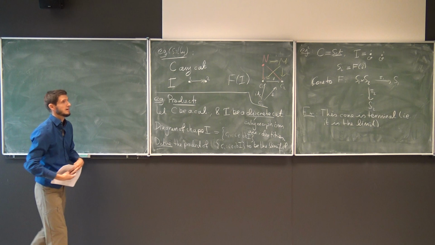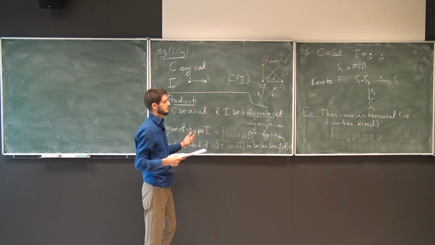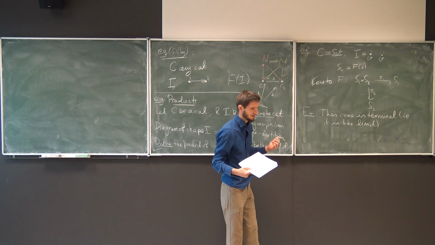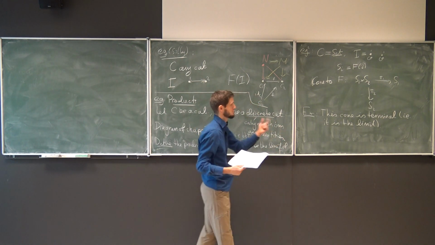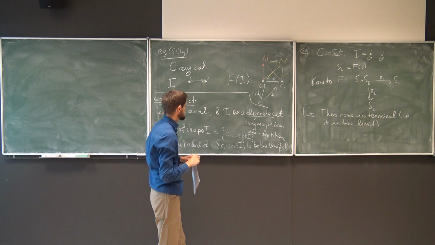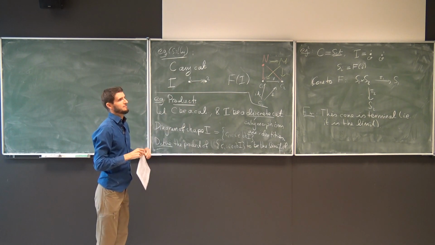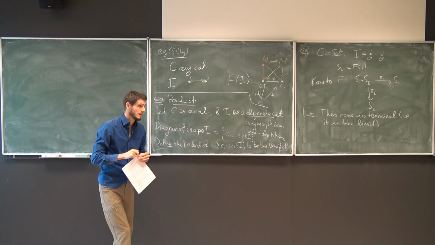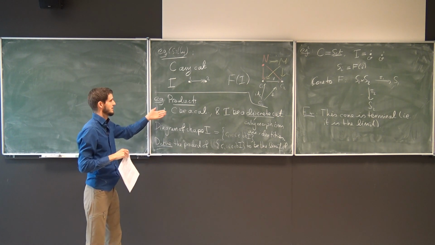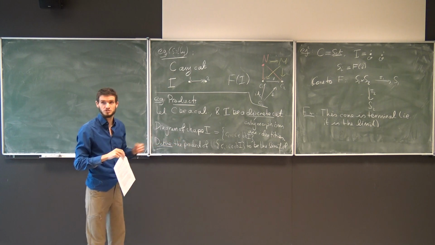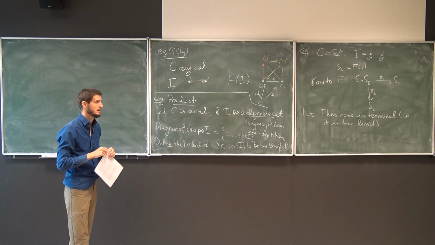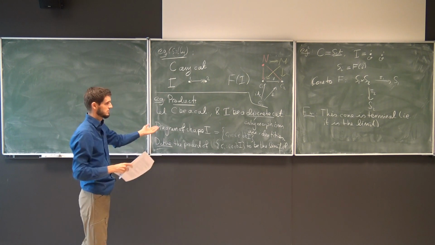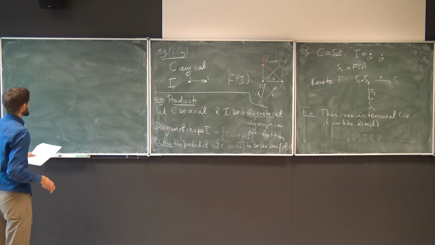If you're thinking in the category of sets, you maybe think of the product as the Cartesian product of pairs of elements. But if you've already met products in general categories with a universal property, then it's a very good idea to check that the definition given here is just the standard universal property for the product in any category. If not, then you can take this as the definition.